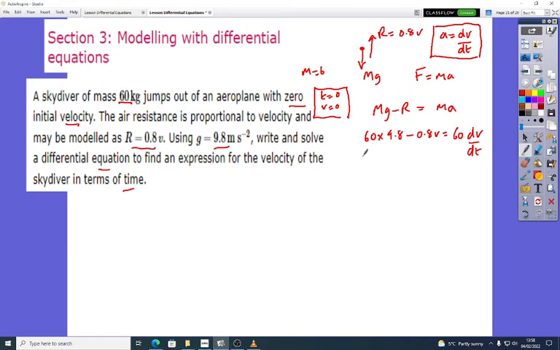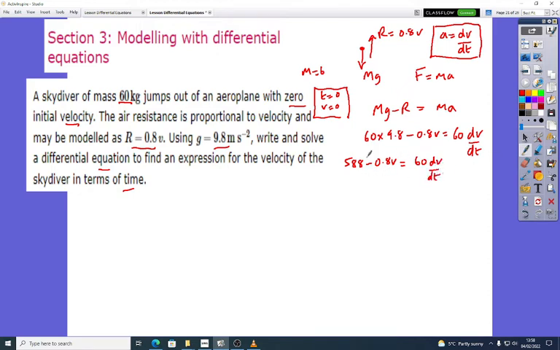So get your calculators out and just do 60 times 9.8. You're going to get 588 minus 0.8 v equals 60 dv dt.